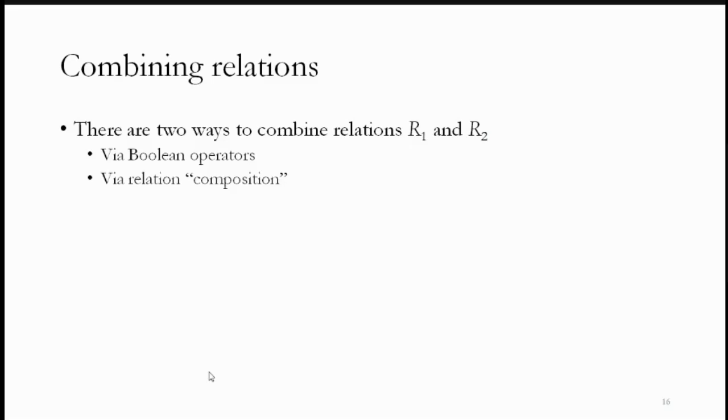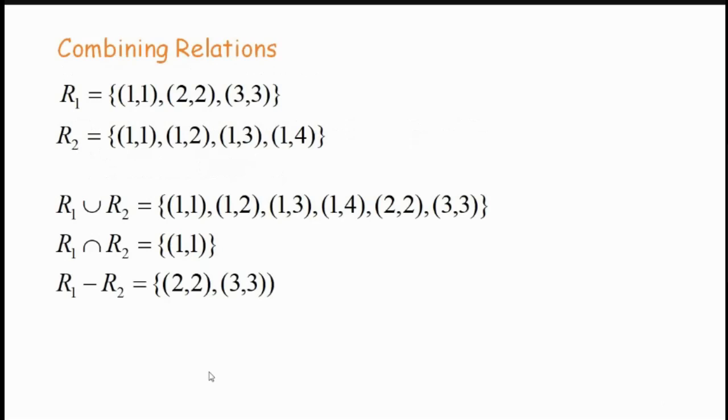There are two ways to combine the relations R1 and R2: via Boolean operators or via relation composition. Combining relations using Boolean operations: R1 is equal to {(1,1),(2,2),(3,3)}, while R2 is {(1,1),(1,2),(1,3),(1,4)}.